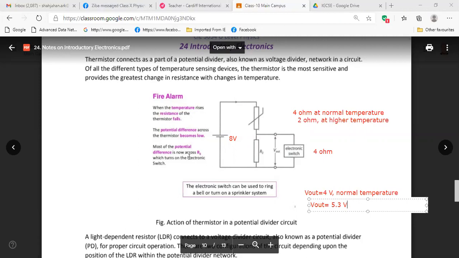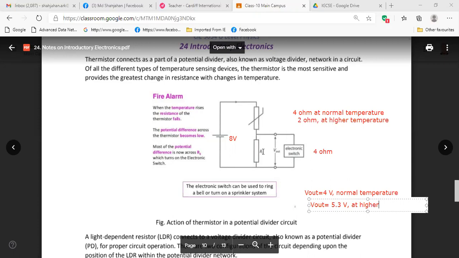So we understand now that the maximum potential difference is going across R2 at higher temperature. Now your circuit is made in a way that if the voltage across this output or R2 is more than 5 volt, then your fire alarm will ring.